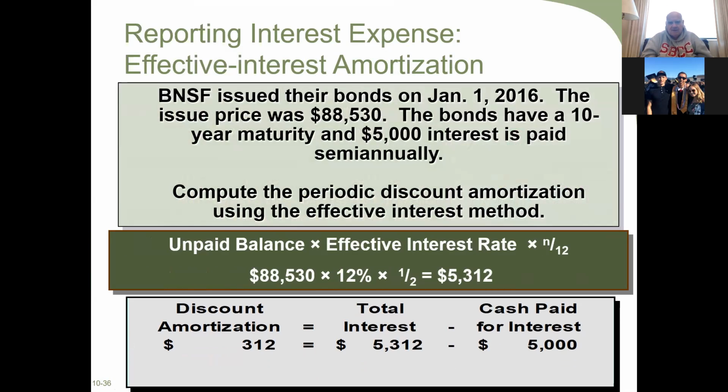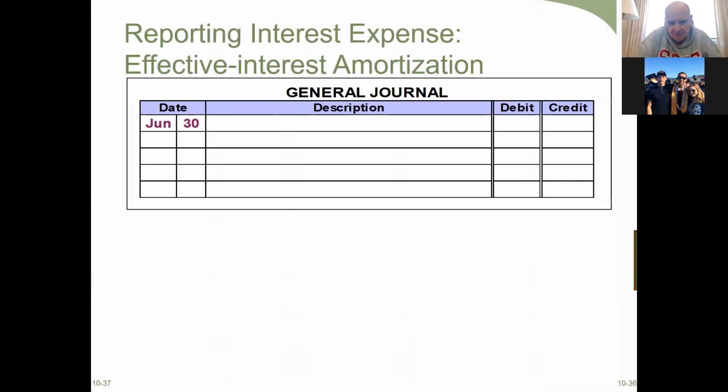How did they get that interest expense, total interest? What is the formula? Net book value of the note, unpaid balance, if you will, times the effective rate. So the total interest in this case is $5,312. We're still just paying the $5,000.